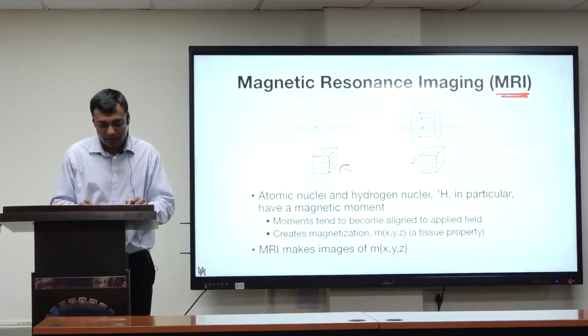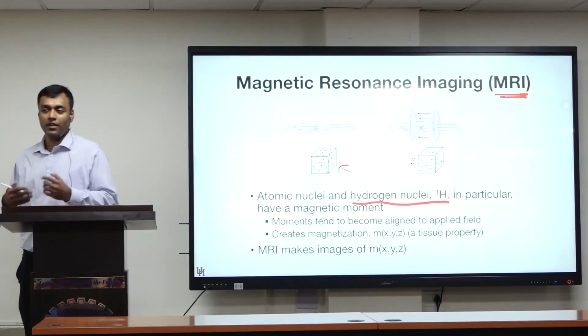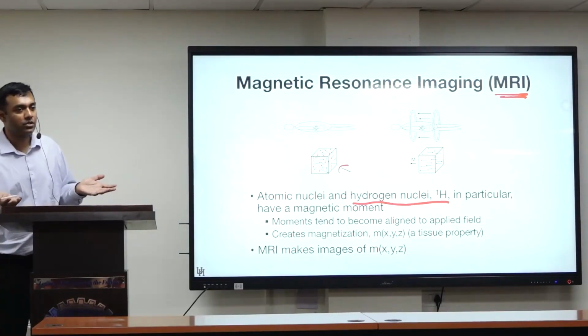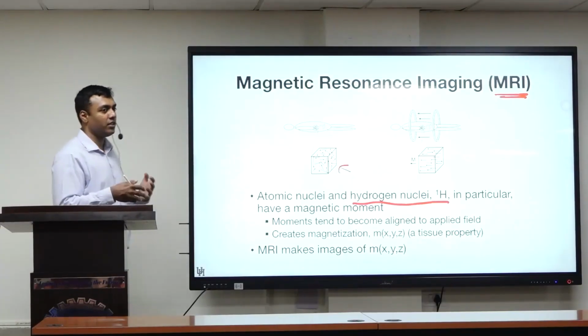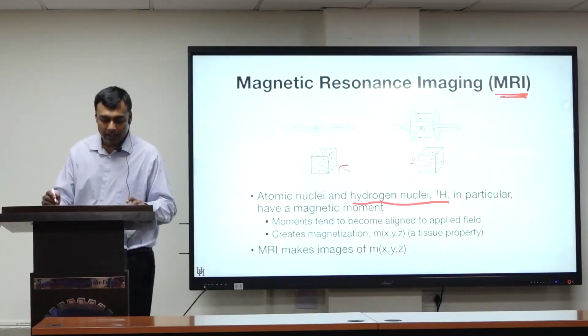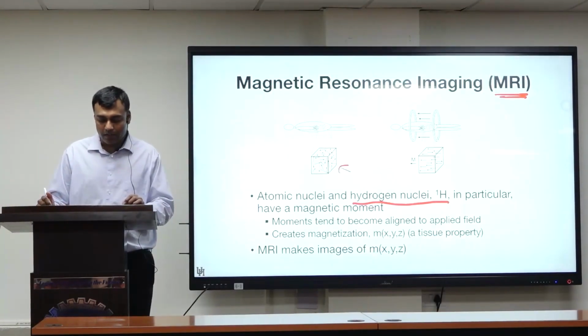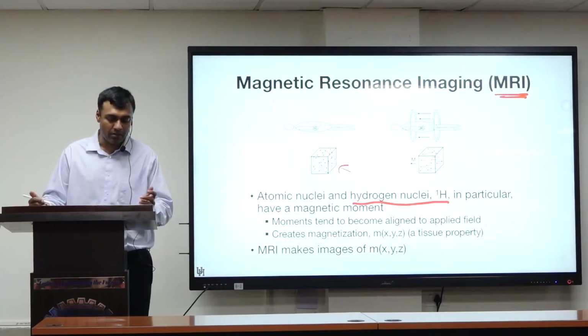Because you have water everywhere inside the body, and water is H2O, it has hydrogen. It's the hydrogen nuclear spin that we are essentially interested in. It is the distribution of the hydrogen nuclei inside the body that we are looking at.